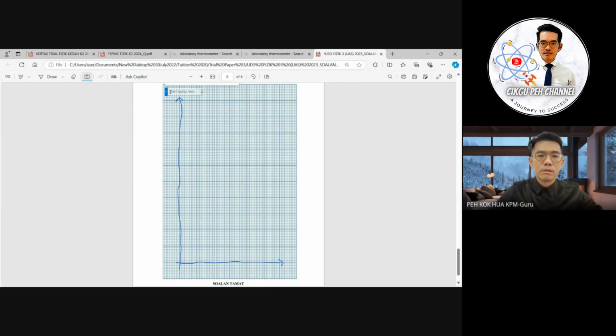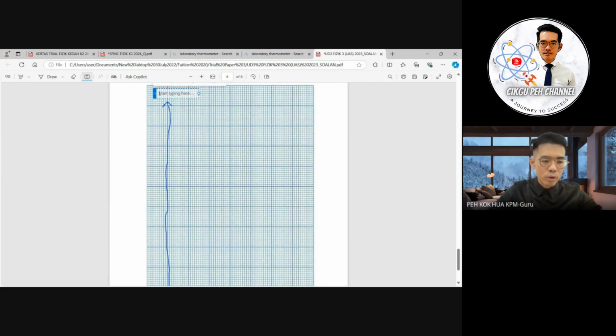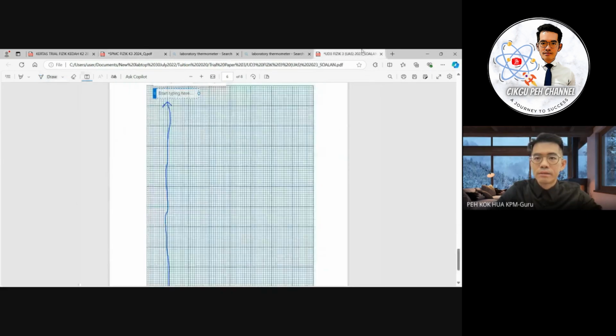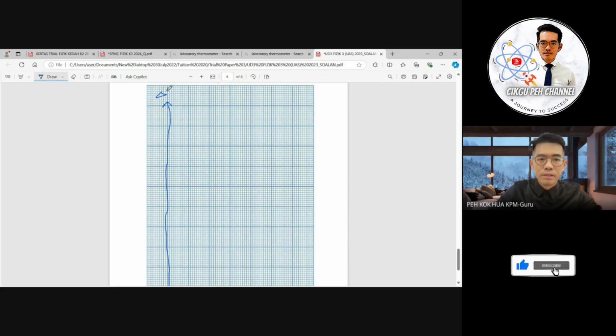So the question asks to draw delta theta against t. Again, you have to give symbol, then unit for both.